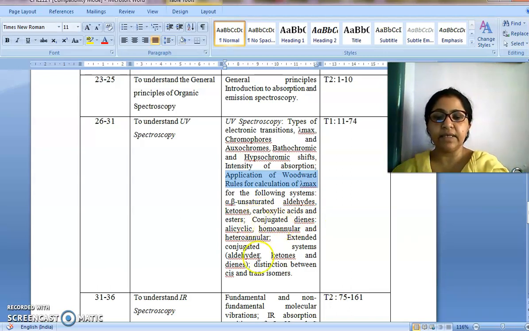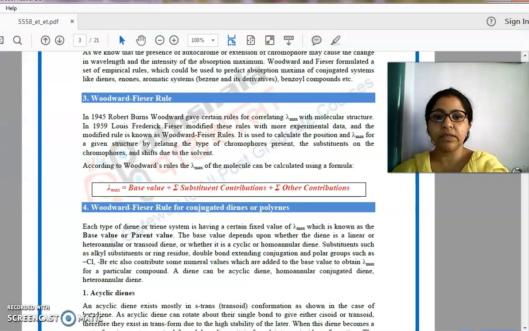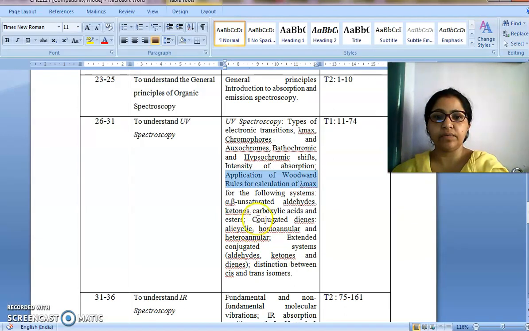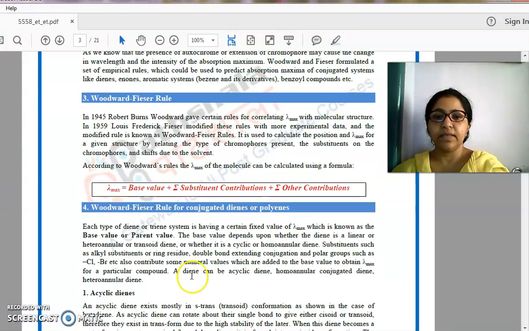Conjugate dienes. So at present we will be concentrating on this conjugate diene. Yes, this part we are doing right now. All of these are coming accordingly. So right now we are on conjugate diene or polyene.